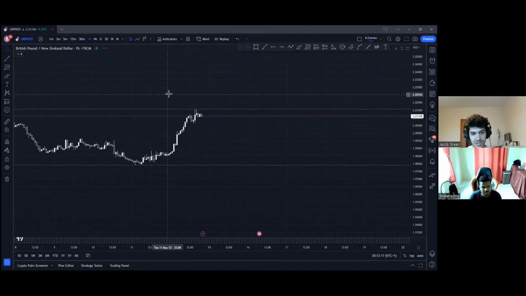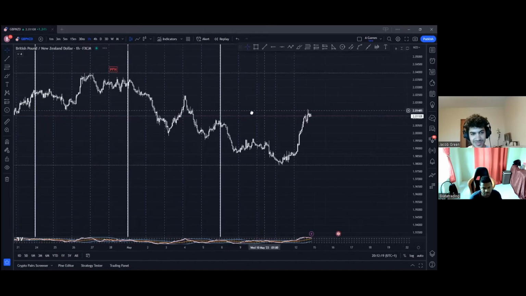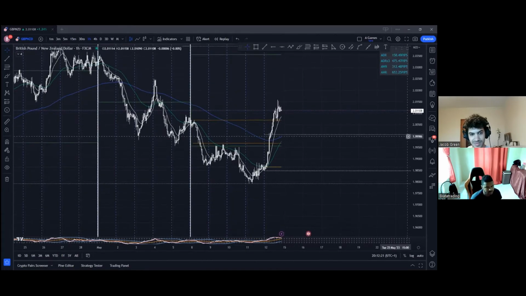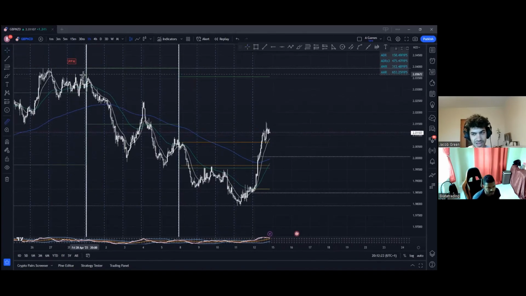So I'd then go down to the 1 hour. What are you looking for on the 1 hour? I was looking for this to come up. That's what I was looking for. So for me to confirm that we've gone off a peak fractal high and this cycle's complete, to get down to where we could see a peak fractal low, I'd be looking for it to go at least 3 times the ADR, which is 475 pips.